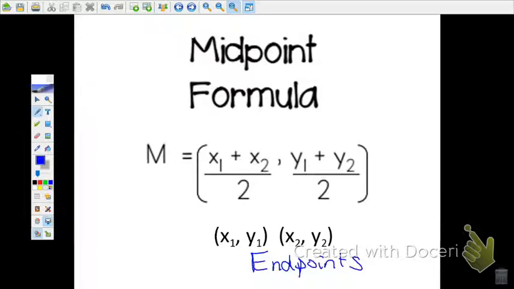Our midpoint formula says that to find the x value of the coordinate, we're going to add the x values and divide by 2, because we're trying to find the middle, or the average, of those two x values. We do the same thing for the y coordinate: add the two y coordinates together and divide by 2 to find that middle piece.